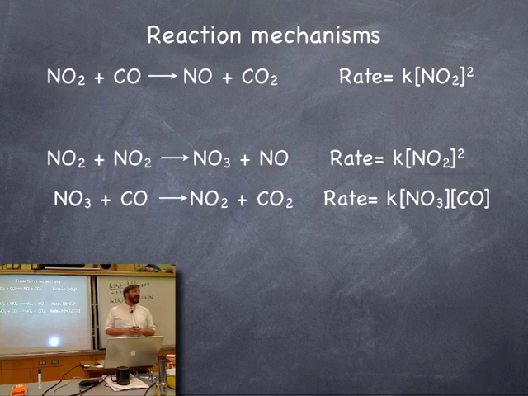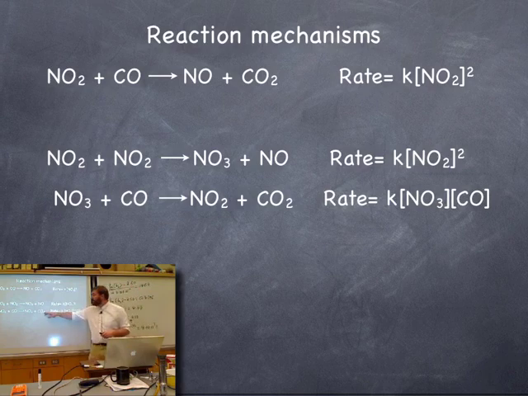The slow step, or what we call the rate determining step, needs to match the experimentally determined rate. So in this reaction, this first step happens at a significantly slower rate than the second step. This one is fast. As soon as the NO3s are produced, they get reacted with the carbon monoxides.